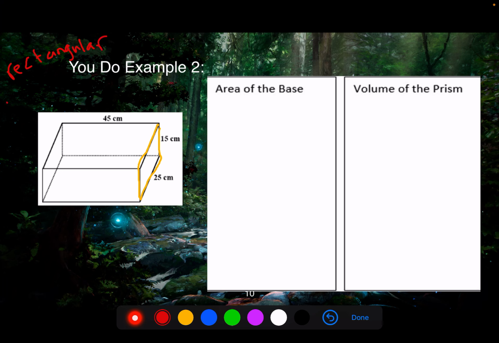So that means that our base is a what? A rectangle. So that means you're finding the area of a rectangle. Okay? So you're going to have A equals base times height. And on this one side, you're going to have volume equals area of the base times the height. Okay? So we said on this side, you were multiplying 25 times 15.